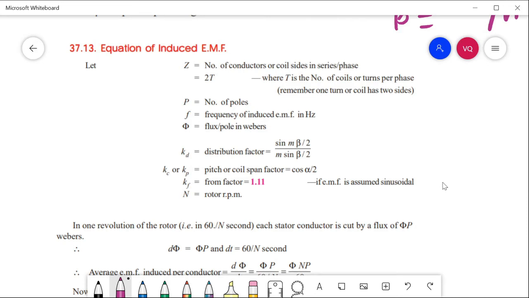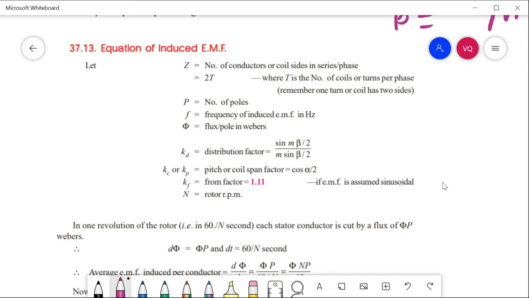We now go to the equation of induced EMF in an alternator. So we will let Z be the number of conductors or coil sides in series per phase. So we have two coil sides in one conductor, di ba? It is equal to 2T, where T is the number of coils or turns per phase.